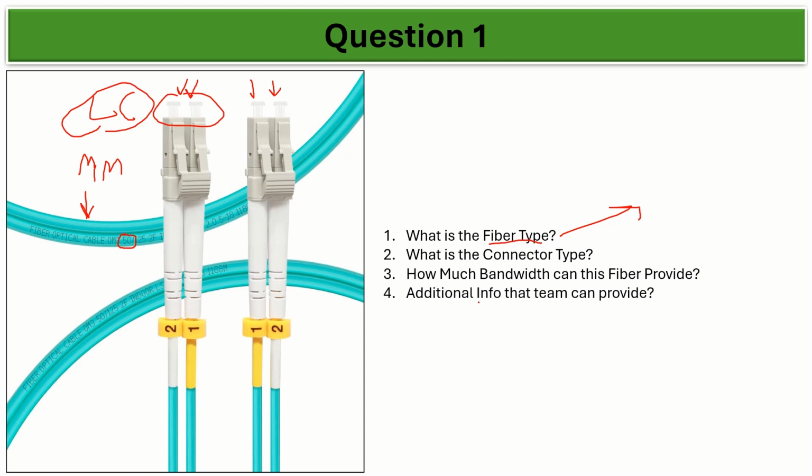The bandwidth can be up to 100 Gbps, but be mindful that this fiber patch cord is a multi-mode patch cord with a 50 micron parameter. However, it cannot go beyond 550 meters. That is an important consideration.